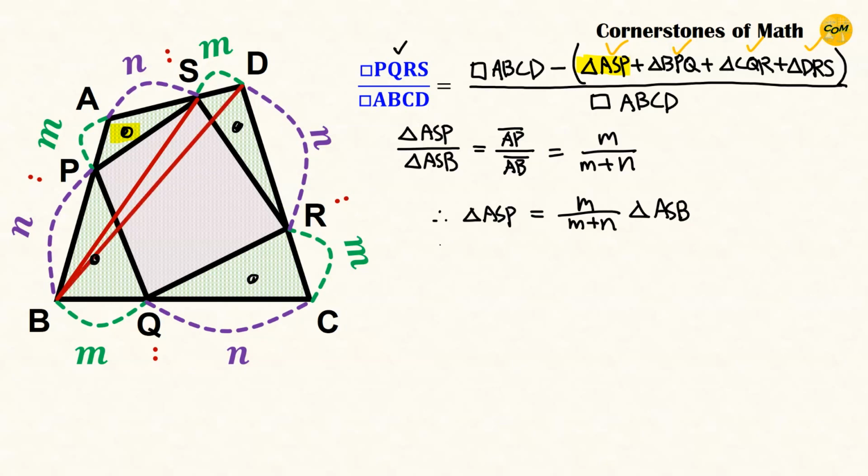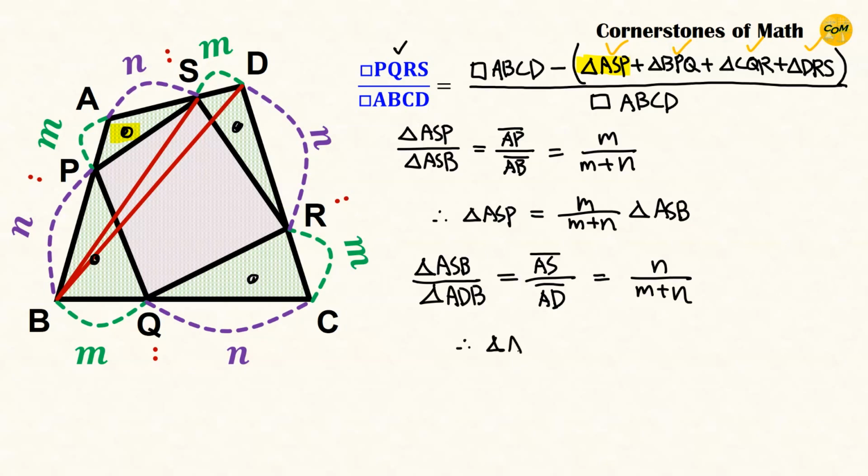And then, if we compare the area of triangle ASB to the area of triangle ADB, which also have the same height, this ratio is equal to the ratio between length AS and length AD, which is n to m plus n.